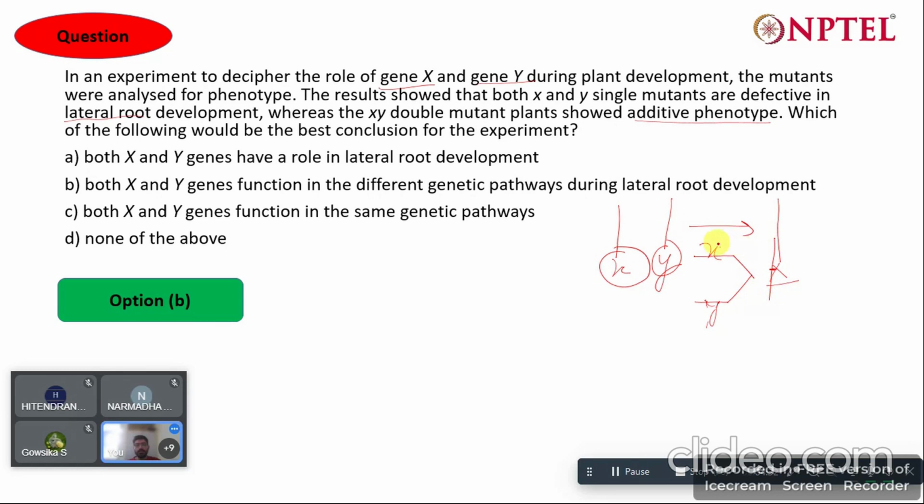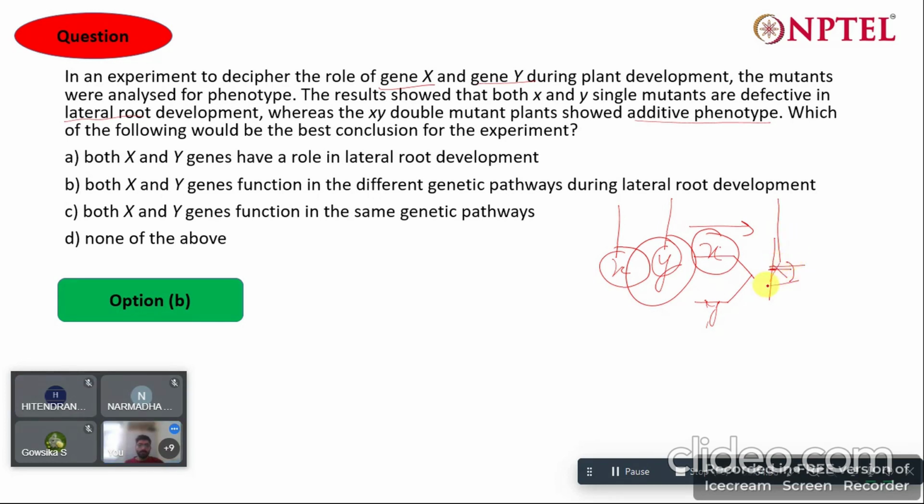Otherwise, if X is only present, then some amount of lateral root will be observed, although diminished as compared to the wild type. And similar is the case with the gene Y. Understood? Yes, yes. Thank you, sir.